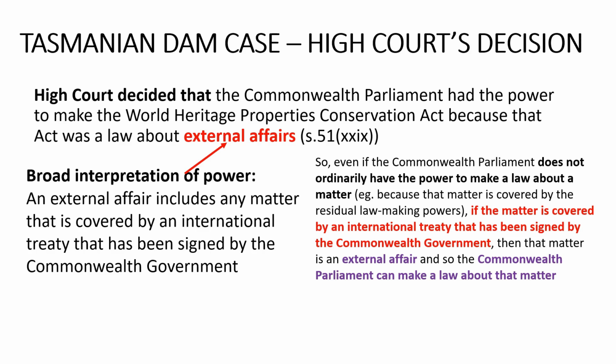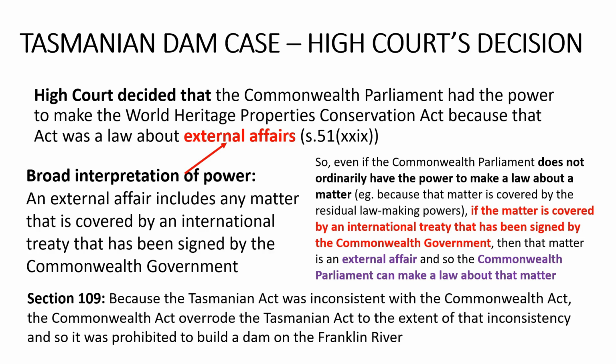As a result, the High Court declared that Section 109 of the Constitution applied. Because the Tasmanian Act was inconsistent with the Commonwealth Act, the Commonwealth Act overrode the Tasmanian Act to the extent of that inconsistency, and so it was prohibited to build a dam on the Franklin River.